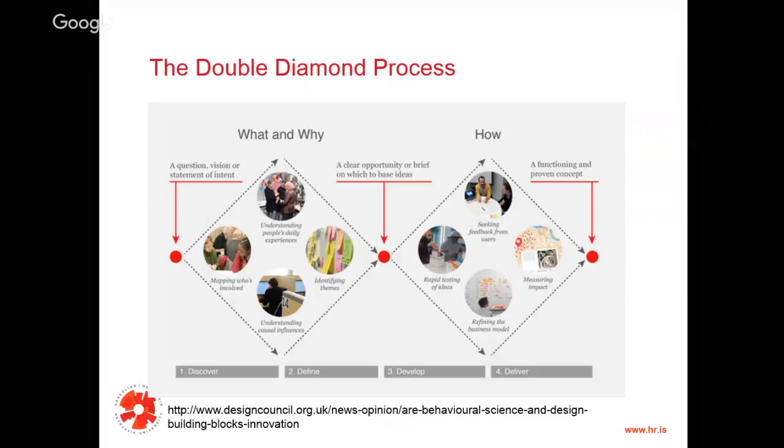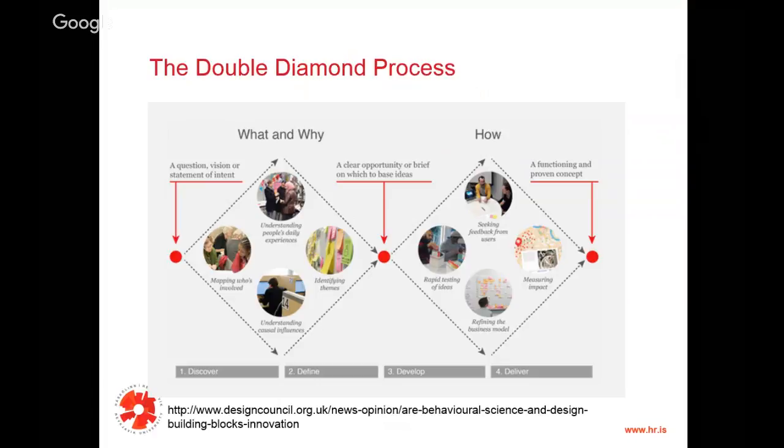So I've referred to this double diamond many times before. We have been in this phase of understanding what we are going to design and why. And you went out and did the contextual interviews to understand people's daily experiences and how they really solve their problems today.